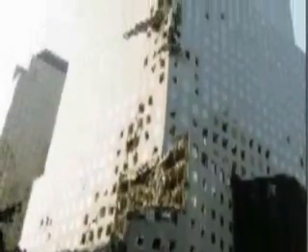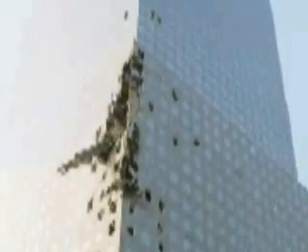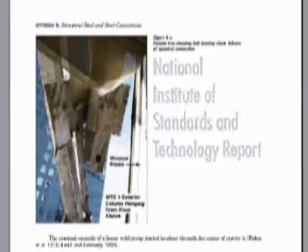This photo shows the damage to nearby buildings from North Tower debris. Here we can see how the large outer steel sections are sticking out of the American Express building like arrows out of a target.